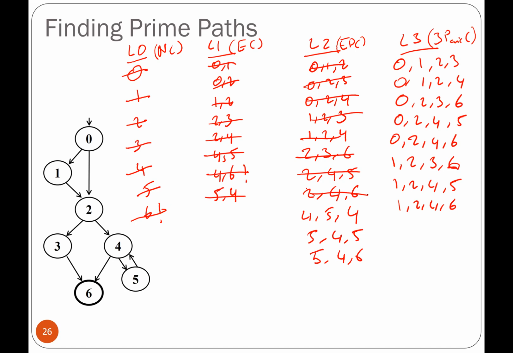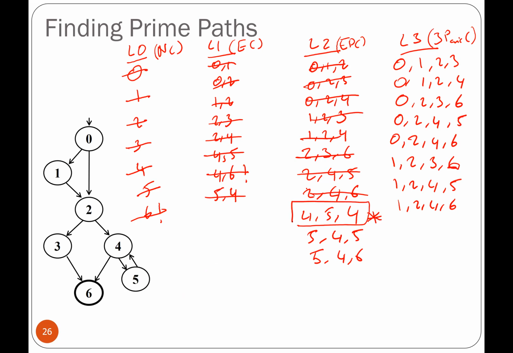No, that's good. Now, one thing you'll notice is that this is a loop. And by default, if I'm starting at a node, I'm going to loop. There's no way something can come in before or after, because automatically that means it's no longer a simple path. So once I see a loop in the list of paths that I've created, I automatically know this is going to be a prime path.